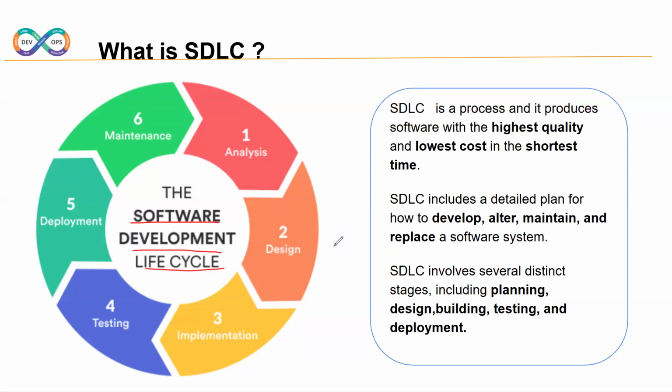In SDLC we have several stages and phases: analysis, design, implementation, testing, deploy, and maintenance. By following these stages and phases, we can build a working software and do business on the internet.